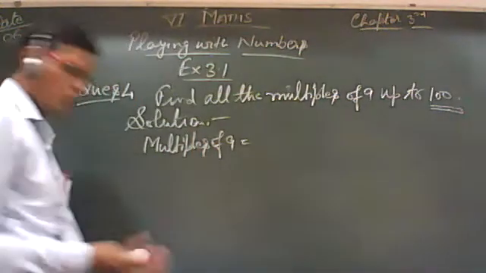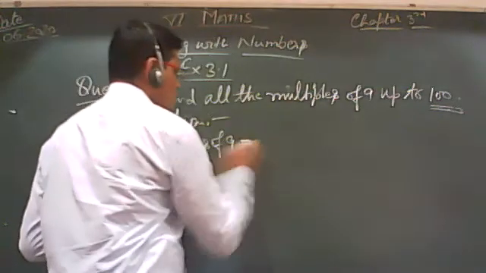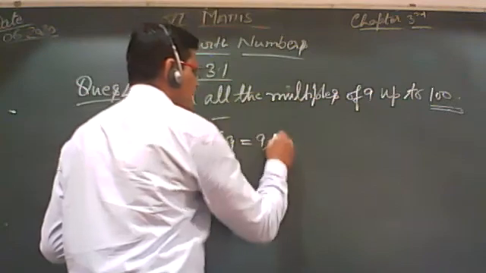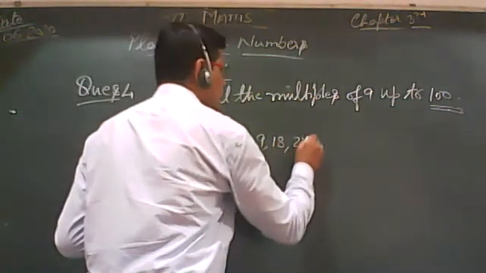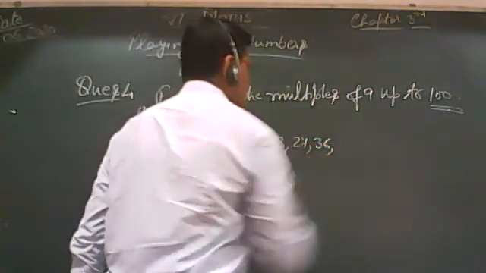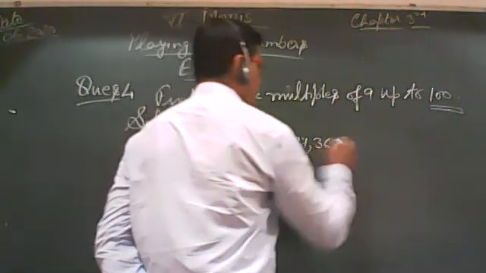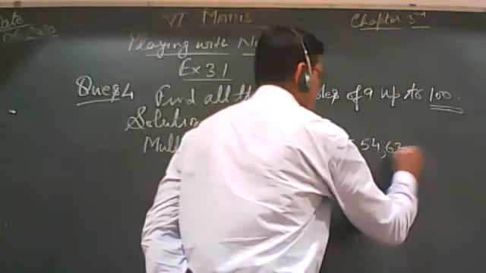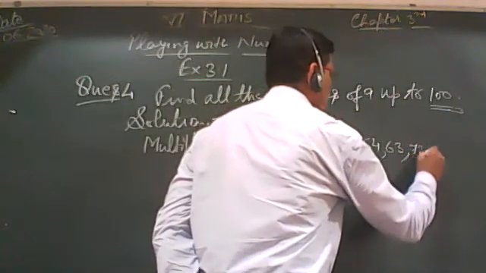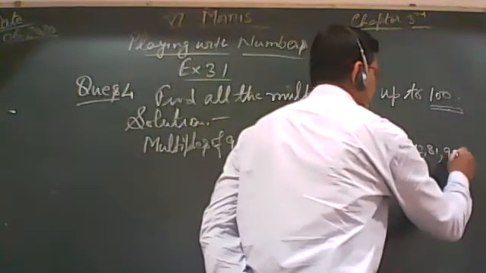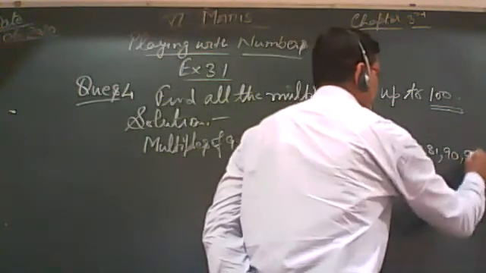You multiply this number by natural numbers. 9 1s are 9, 9 2s are 18, 9 3s are 27, 9 4s are 36, 9 5s are 45, 9 6s are 54, 9 7s are 63, 9 8s are 72, 9 9s are 81, 9 10s are 90, 9 11s are 99.